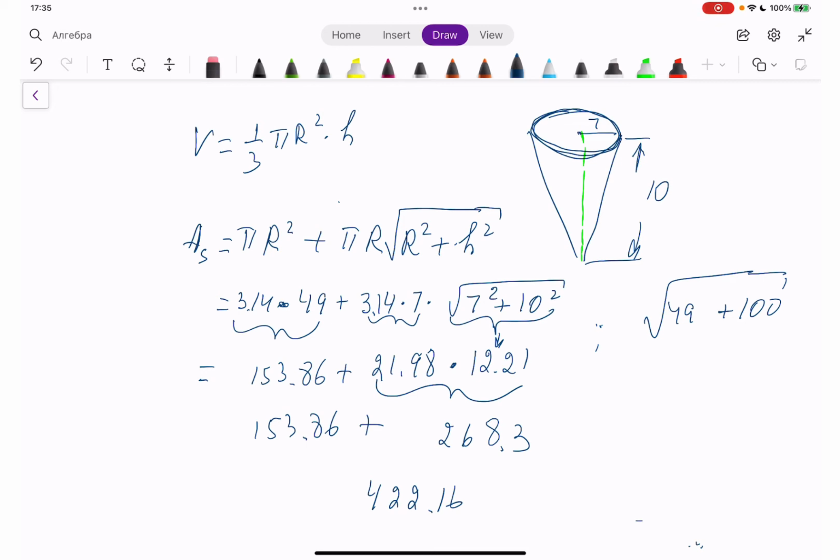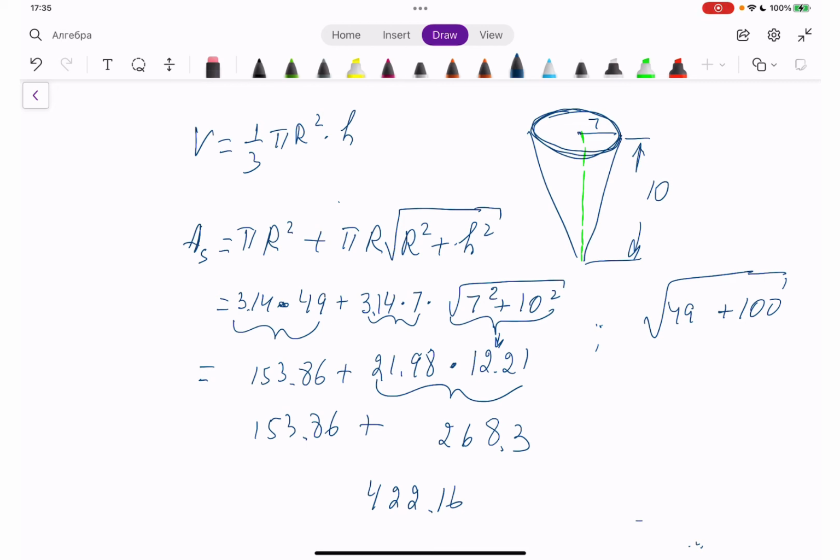You also can check on your own. 3.14 times 49 because it's 7 squared. 153.86. Okay, we are good there. All right. Next, checking 3.14 times 7 is 21.98. Very good.